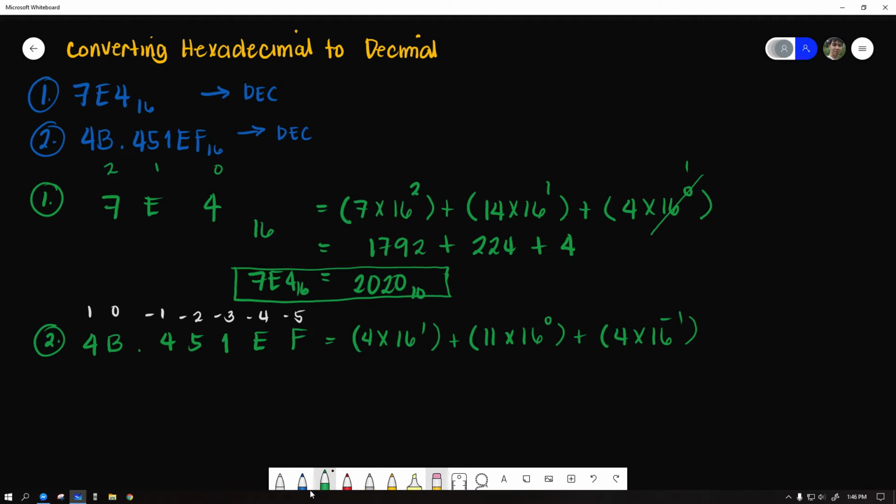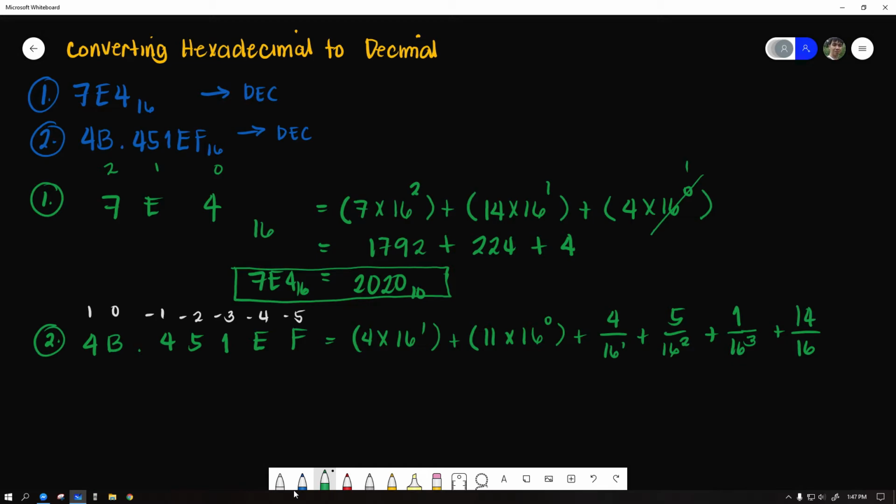You could also write this one as 4 divided by 16 to the 1. Then continue, 5 divided by 16 to the 2, plus 1 divided by 16 to the 3, plus, what is e? E is 14. 14 divided by 16. Oh, sorry, this should not be negative, because it is already a fraction.